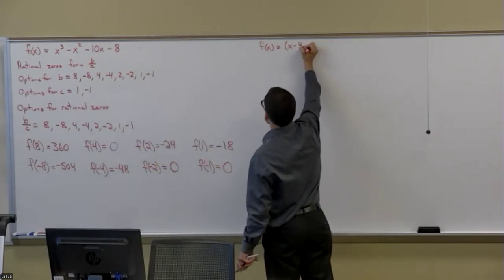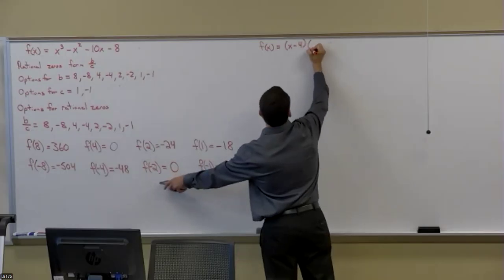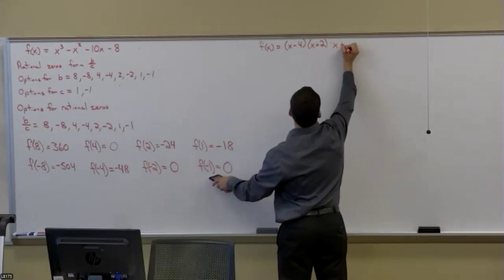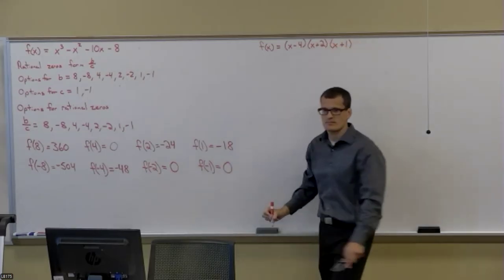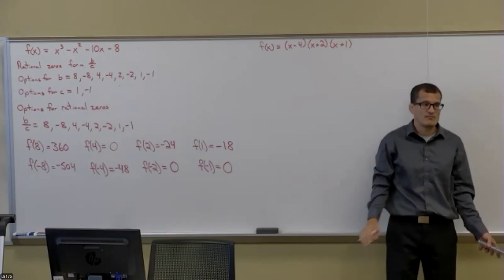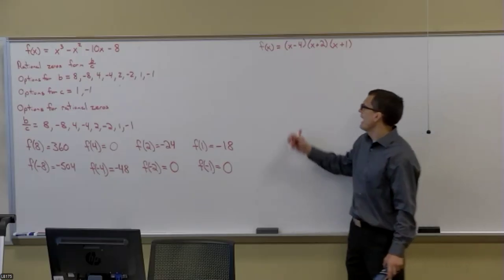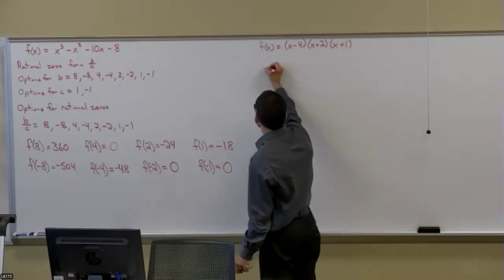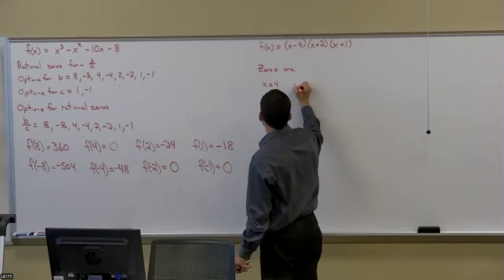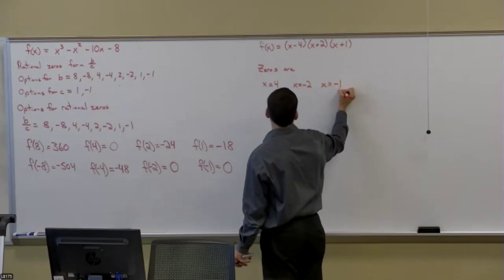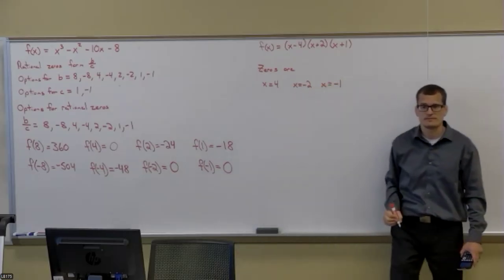They're going to be x minus 4, x plus 2, and x plus 1. So I have my linear factors. I know what they are. I could skip that. I don't technically have to write that, if I don't want to, because I already know what the zeros are. There's 3 zeros. That's it.